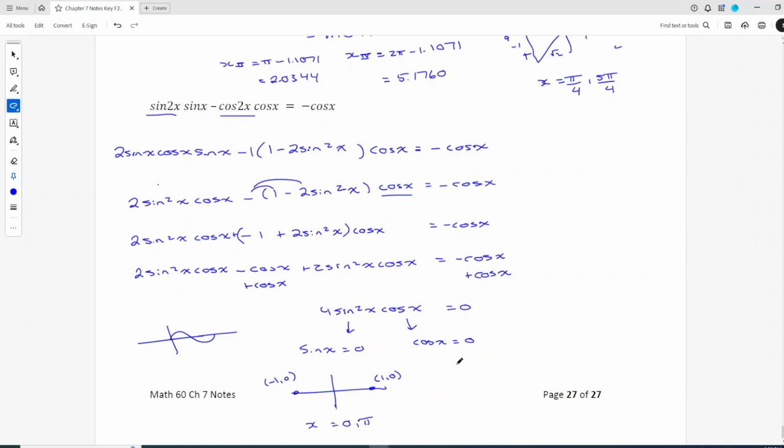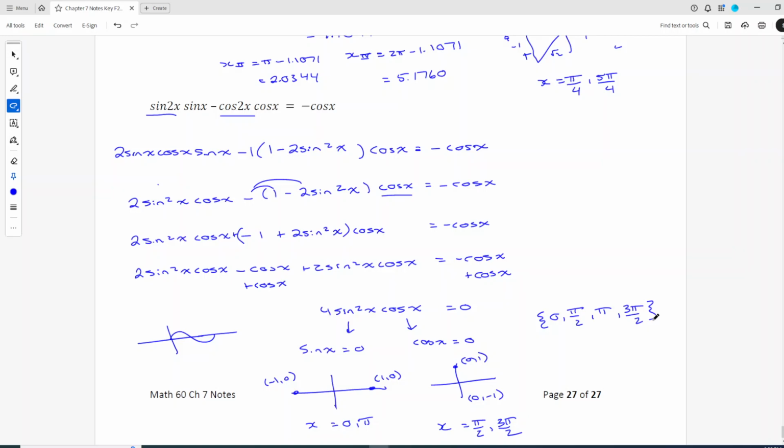For cos x equals 0, cos follows x, so we'll have 0, 1, as well as 0, negative 1. So x would equal pi by 2 and 3 pi by 2, which means that my overall answers in numerical order, because when you check your answers in the back of the book, that's how they'll be written, are 0, pi by 2, pi, and 3 pi by 2.